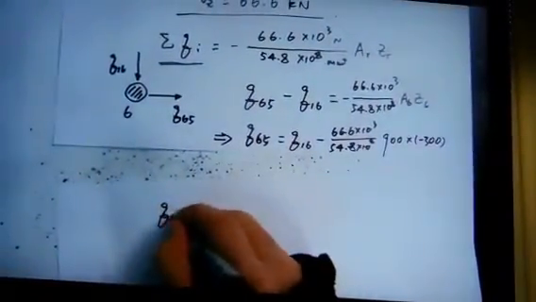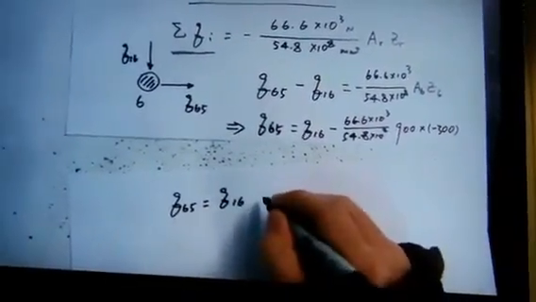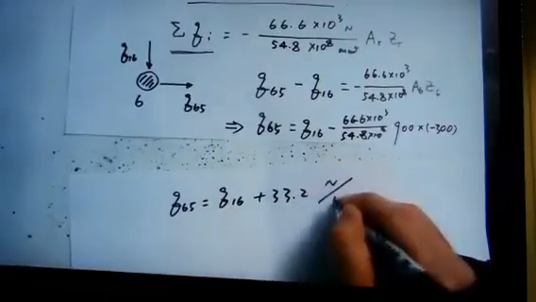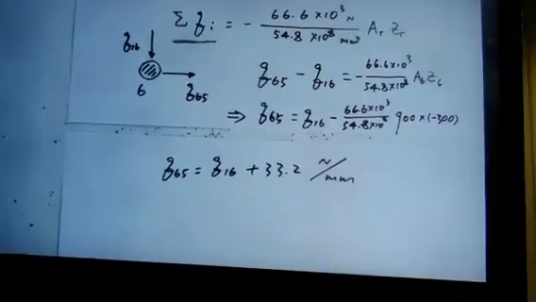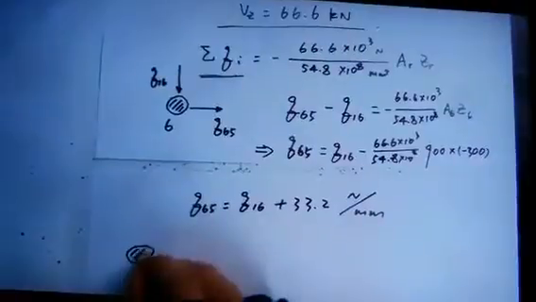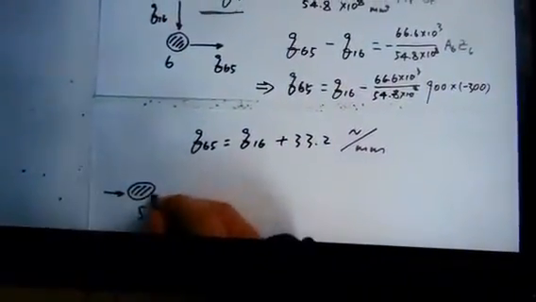And Q65 equals Q16 plus a term. I just simplify that equation. This one is in terms of Newton per millimeter. And you do that for the next boom area.